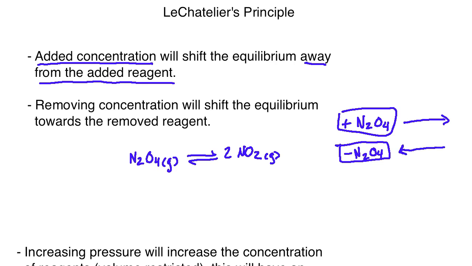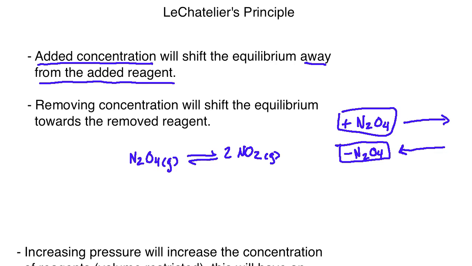So in this case, I've gotten rid of some of that initial reactant, that disrupts it, and the equilibrium constant says, hey, I need some more of the N2O4. It was just taken away. So in that case, the NO2 will combine together in order to make some of the N2O4 that's required to maintain that equilibrium state. So again, this is probably the easiest one to grasp conceptually.